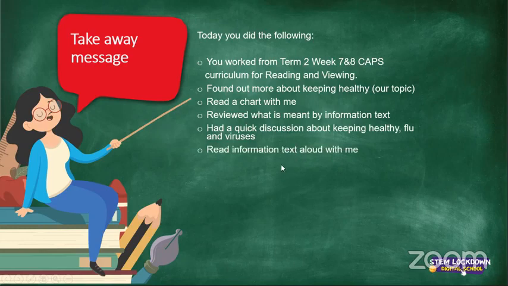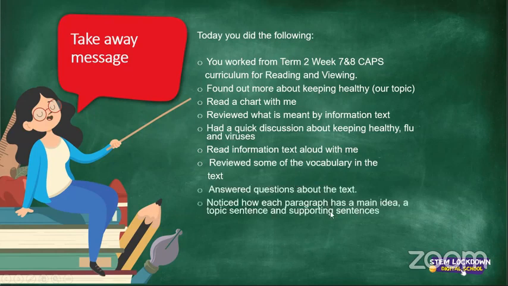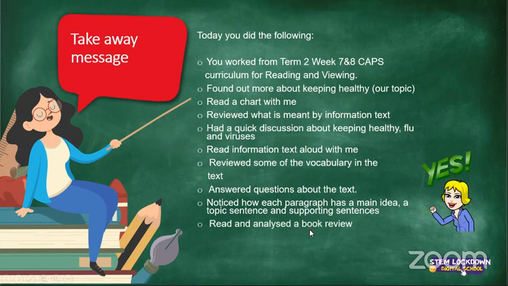You read information text aloud with me. You reviewed some of the vocabulary in the text. You answered questions about the text. You noticed how each paragraph has a main idea, a topic sentence, and supporting sentences. And then you read and analyzed a book review. So well done, everybody. Thank you so much for joining in today.